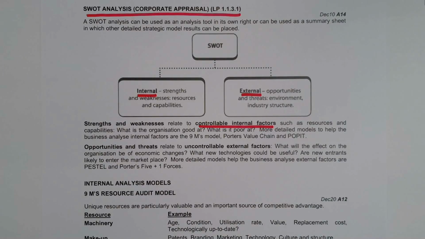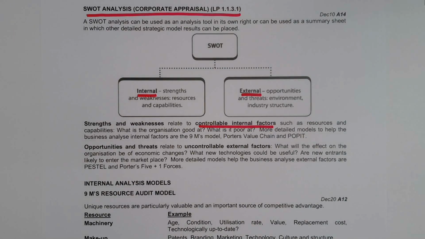In your exam, often it's very easy to identify the strengths and the weaknesses. But in the real world, we don't get given a case study. In the real world, it's other models that can help us think about strengths and weaknesses.